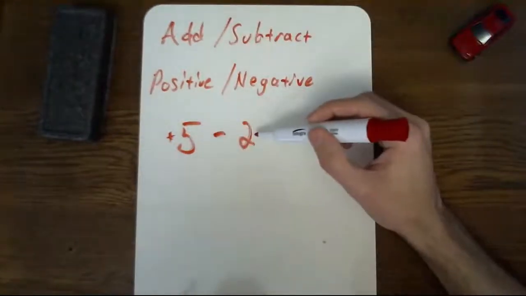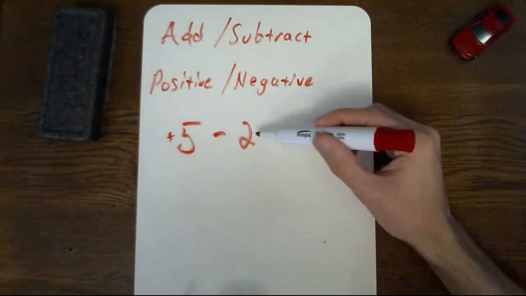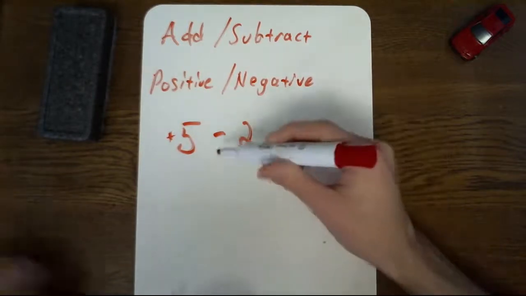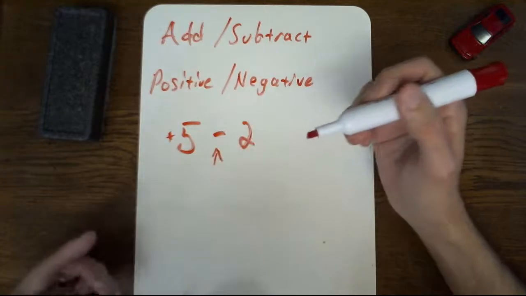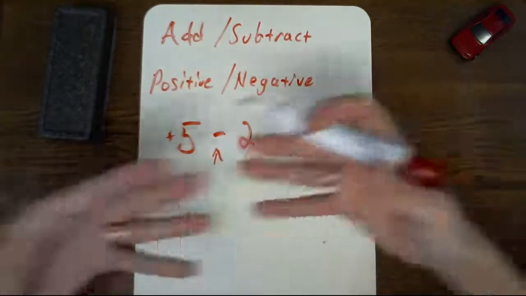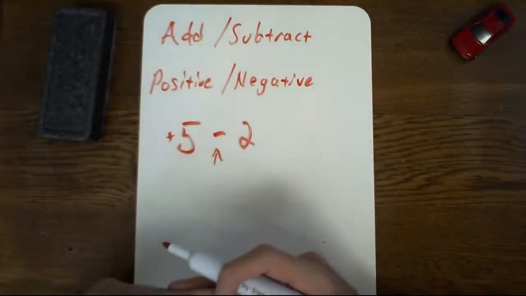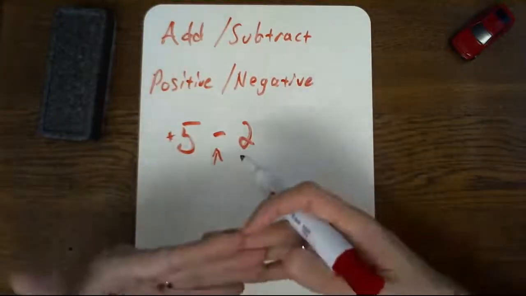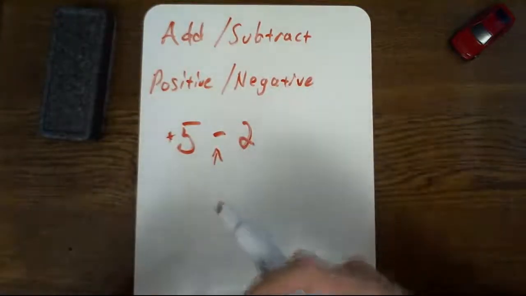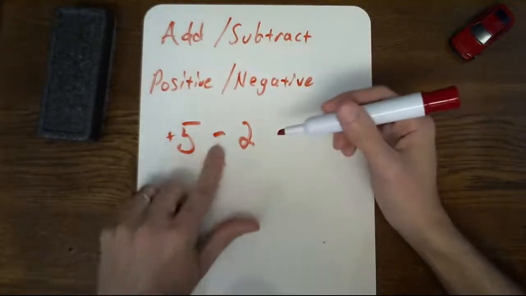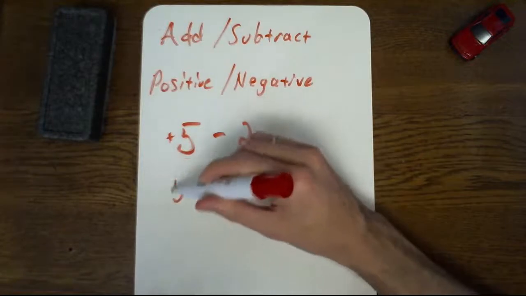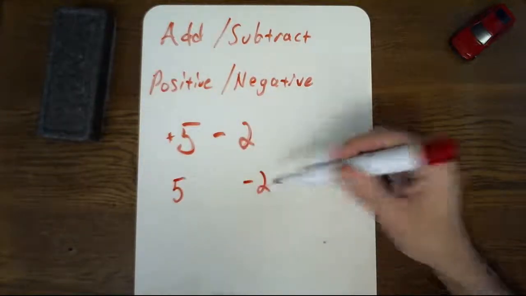And this, since we're subtracting, technically we're subtracting a positive 2, but there's a special property with subtracting because it's the operation of combining two numbers together. So is addition. When there's a plus sign in between two numbers, that's the process of combining those two things together. So if you asked me, I would say, well, this is a positive 5 and this is a negative 2.